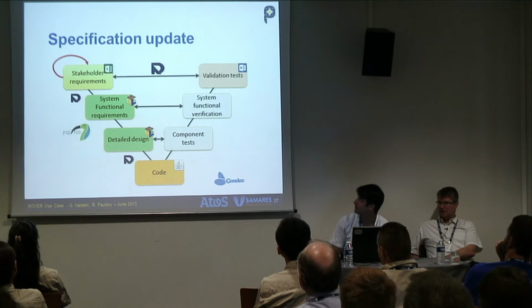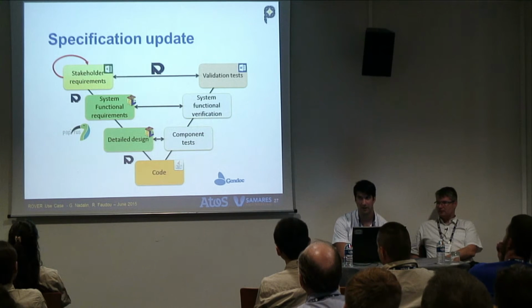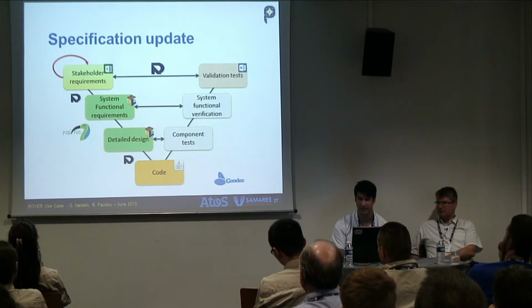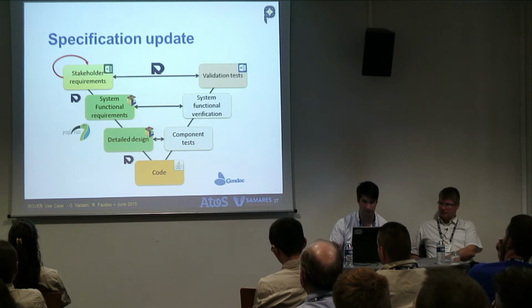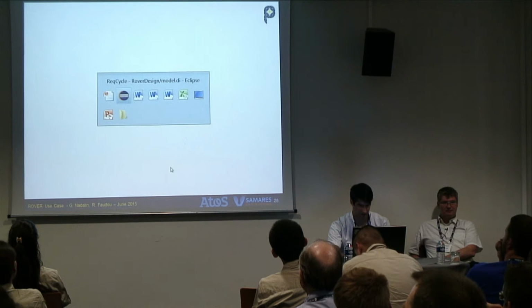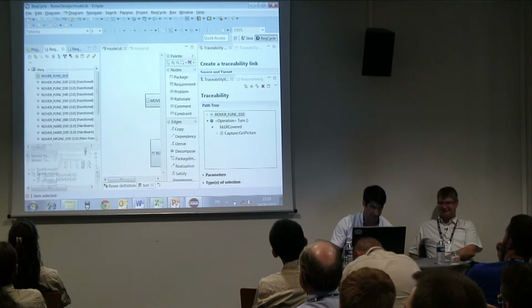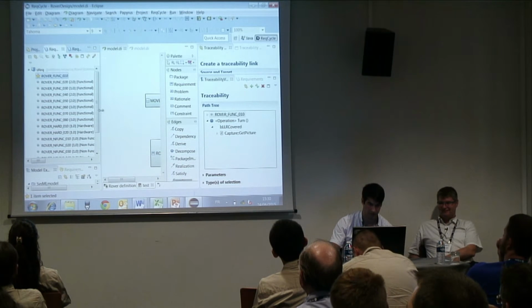Demo. So now I will show you how ReqCycle can make an impact analysis and update all requirement imports in the tool. So let's go to the demo. Here we have a stakeholder requirement.